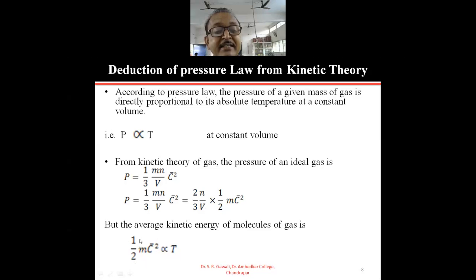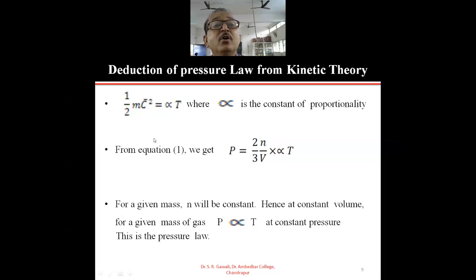So average kinetic energy is directly dependent on the temperature of the gas, and therefore we will remove the proportionality sign and write the above expression as 1 by 2 m c bar square equal to alpha T, where alpha is the constant of proportionality. From equation 1 we get P equal to 2 by 3 into n upon V into alpha into T.